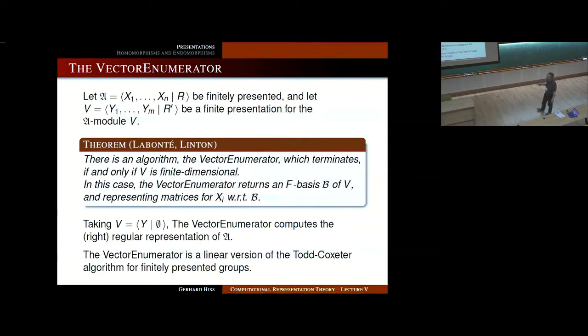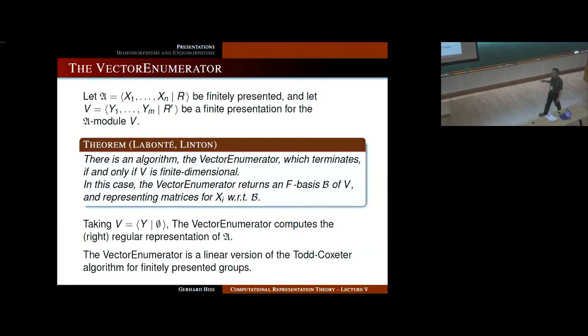And in that case, it returns a permutation representation on the cosets of this finite index subgroup. So exactly the same situation. Okay. Well, I'm not going to present the details of the vector enumerator.